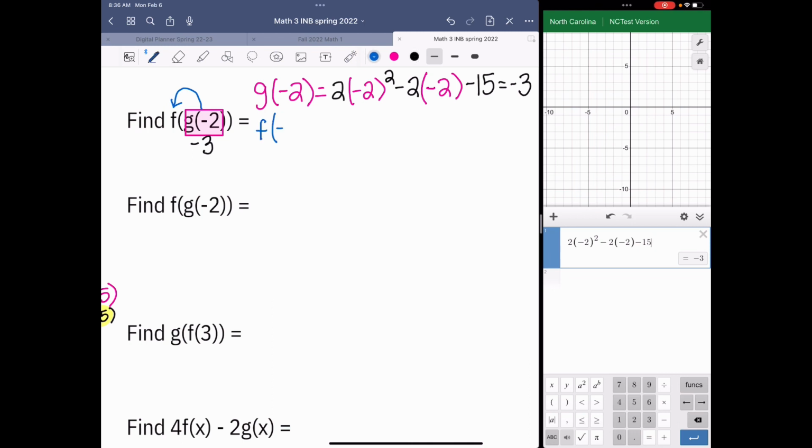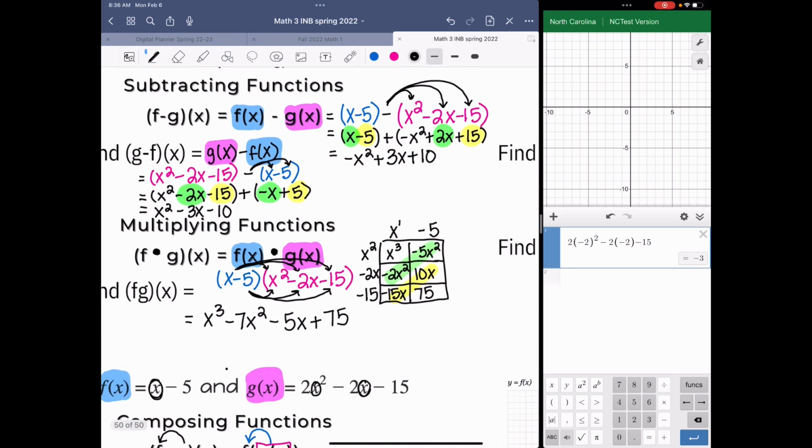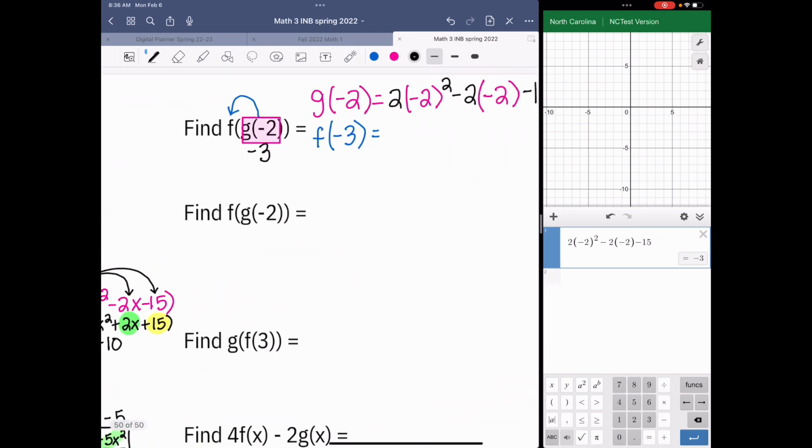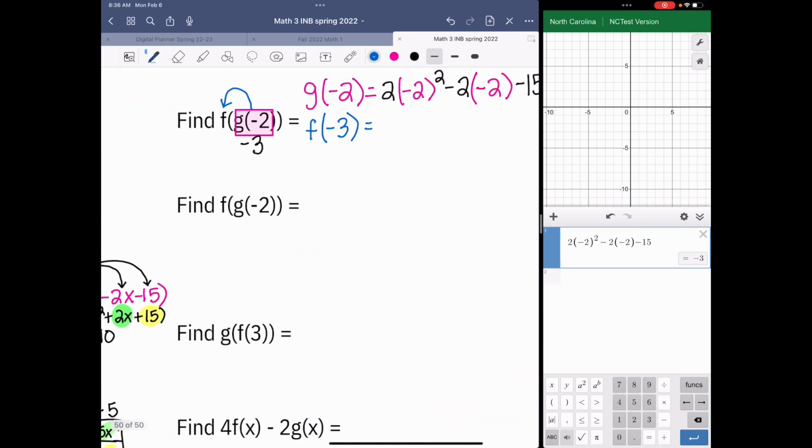So we're going to take f of -3 now. Remember, we got to use the f function, which is x minus 5. So where x is, I'm going to plug in -3 now. Minus 5, and then -3 minus 5. My final answer is going to be -8.